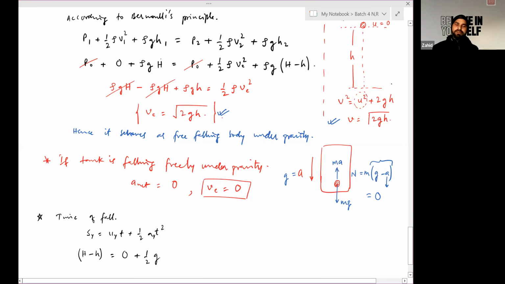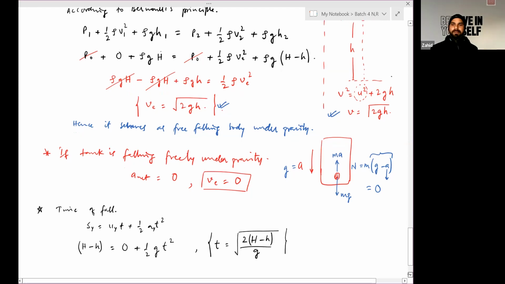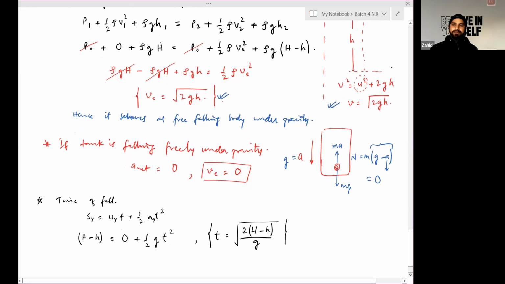Vertical acceleration is due to gravity, times t squared. On simplifying, you will get t equals root under 2 times (H minus h) divided by g. So this will be the time taken by the liquid to hit the ground. Is it clear?